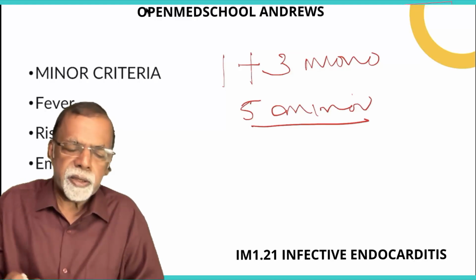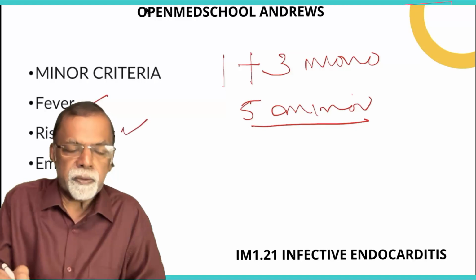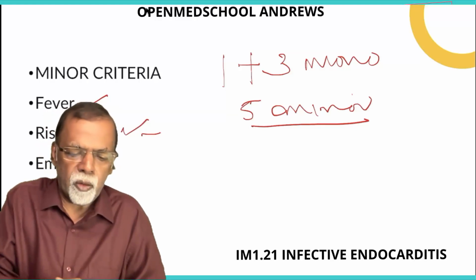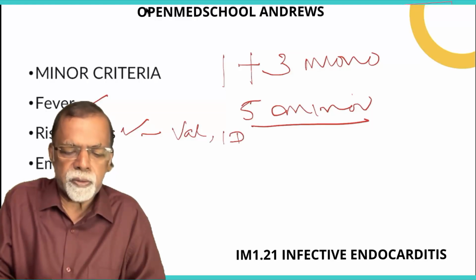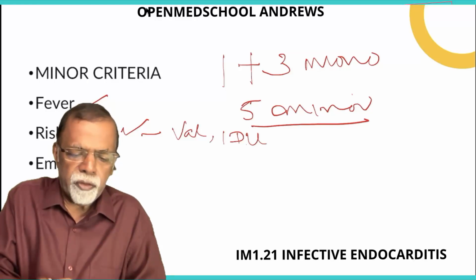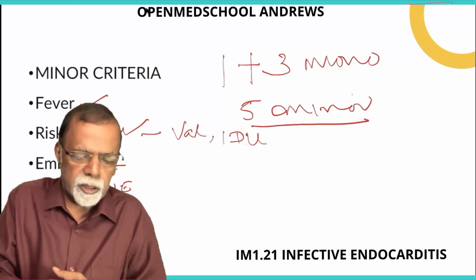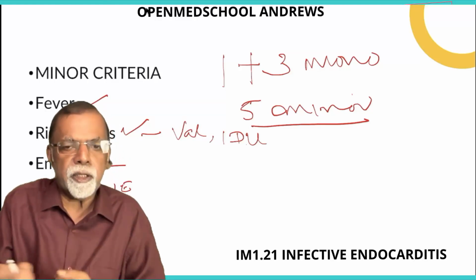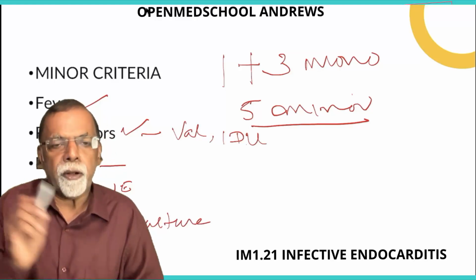So what are the minor criteria? First and foremost is the fever. Second is risk factors for endocarditis. One is abnormal valve. Second example is the IDU, intravenous drug use, prosthetic valve, etc. Features of embolic phenomena, features of immune phenomena, and blood culture not consistent with a typical organism.